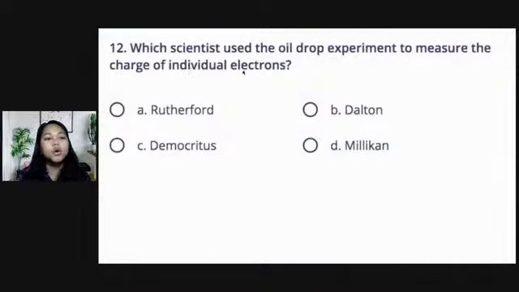Okay. Number 12, which scientist used the oil drop experiment to measure the charge of individual electrons? Is it letter A, Rutherford, letter B, Dalton, letter C, Democritus, or letter D, Millikan?